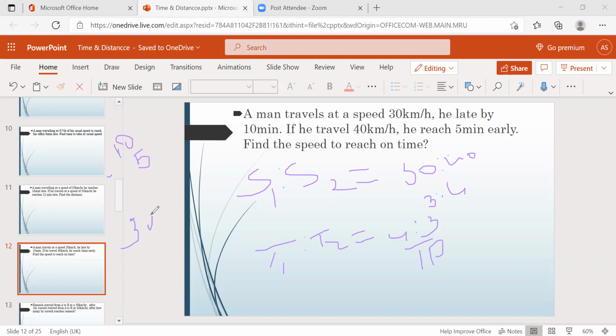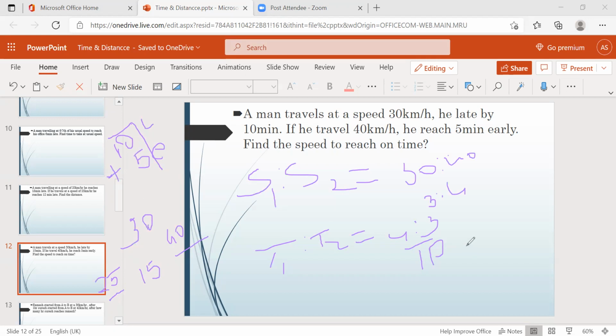He is late by 10 minutes, that means he reaches in 40 minutes. He is early by 5 minutes, that means he reaches in 25 minutes only. So what's the difference? 25 to 40, the difference is 15, right? So you have to add these two, not subtract. One is late, one is early, means you have to add both times.